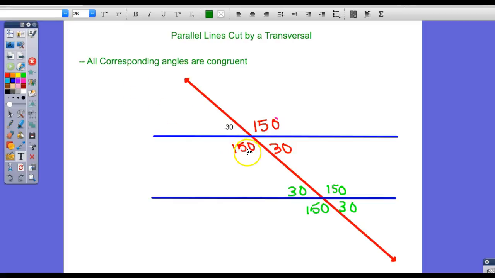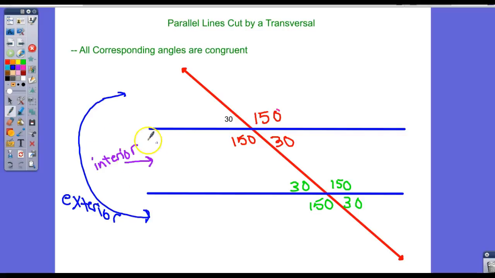So we can also see that this interior angle, now the difference between interior and exterior. Interior, of course, means inside, so that means in between the two parallel lines. Exterior means outside, so we're talking about on the outside of the parallel lines. Whenever I say interior, that's interior. Exterior, I mean outside the parallel lines. So we'll also notice that the interior angles are congruent, but not on the same side.